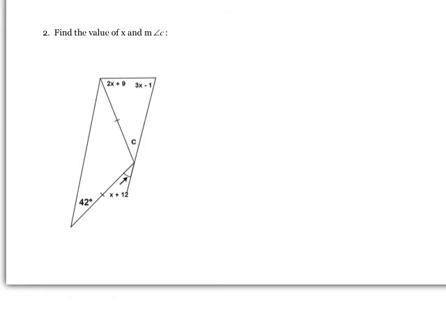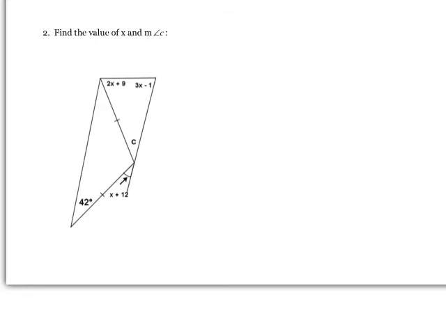Looking at this problem, we have an angle of 42 degrees. We have an x plus 12, which is this angle. This is not an exterior angle, by the way, because of this extra line here. The entire thing would be an exterior angle, but this by itself is not. And then we have two angles in here, and angle C.